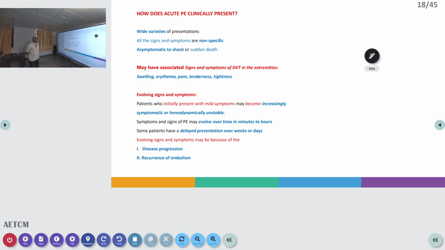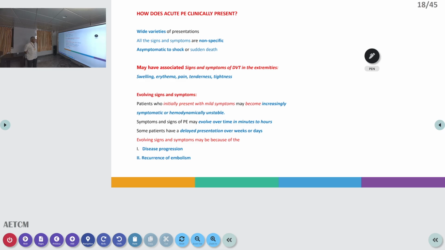There is swelling, erythema, pain, tenderness or tightness of the limb. And remember, the signs and symptoms are evolving in nature. Initially the patient may have mild symptoms. Over a period of time, the patient may become unstable and go into a life-threatening situation. So close observation and monitoring of the patient and timely diagnosis is most important.